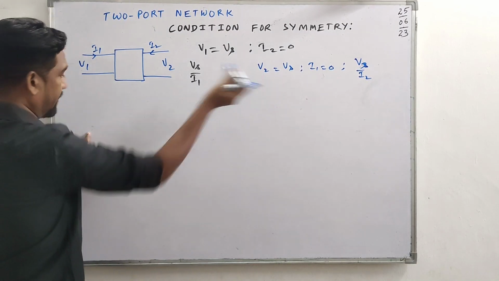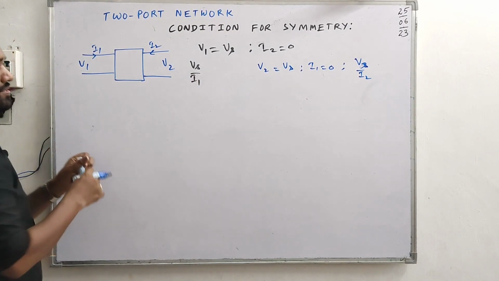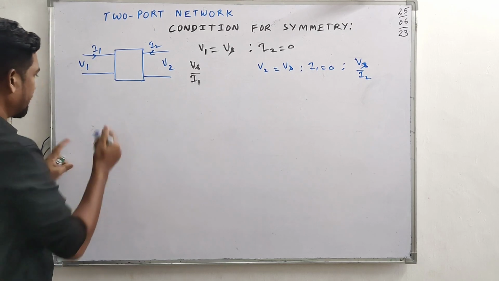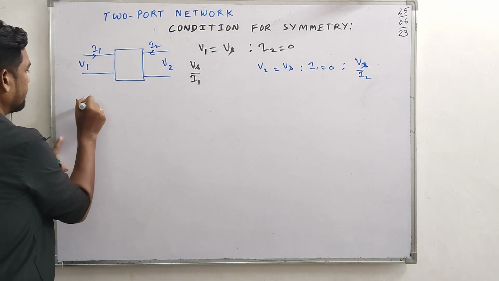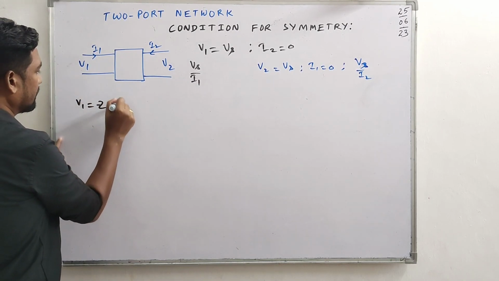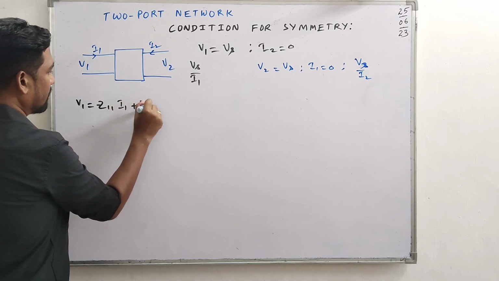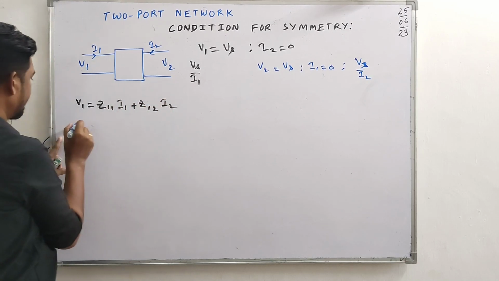Making use of those conditions with the standard equations representing the Z parameters, we have V1 equals Z11 I1 plus Z12 I2, isn't it? For calculating this impedance we don't need the second equation.